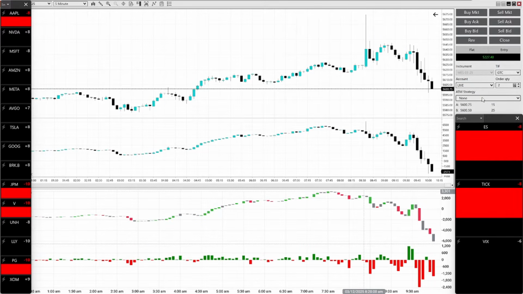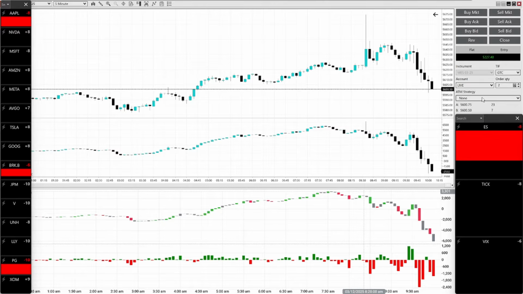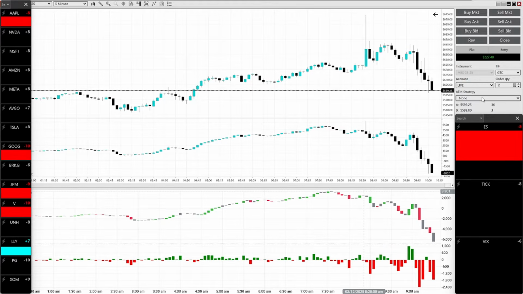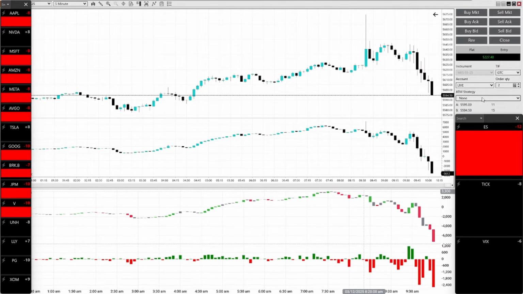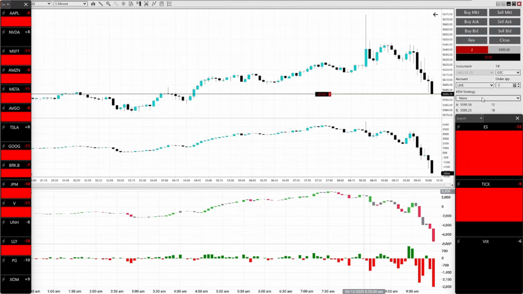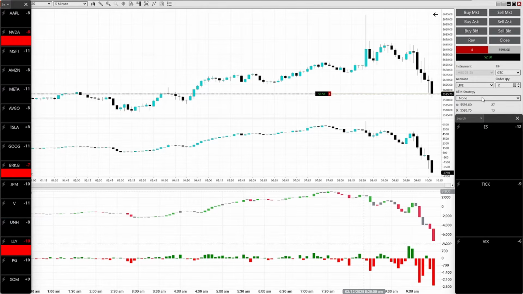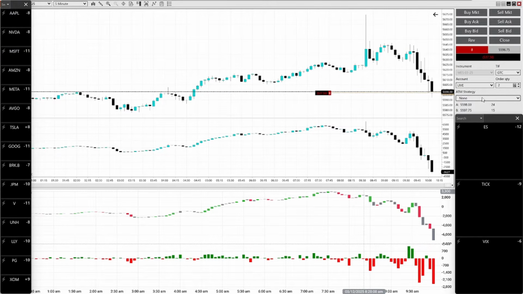As you can see in the Cumulative Delta down below, lots of selling taking place. Order filled. Now you can see I got into those first orders on the pullback after we broke.